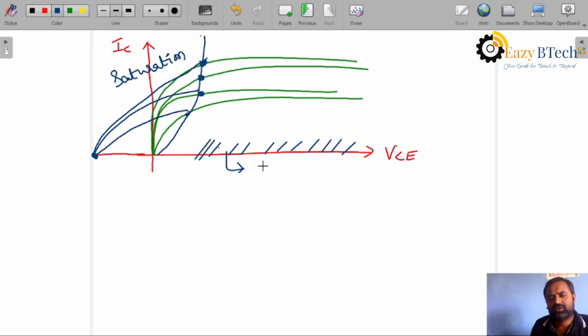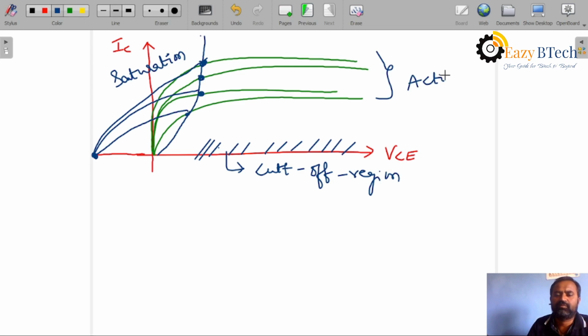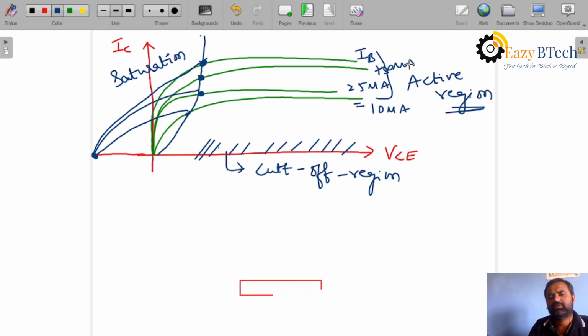This region is known as the cutoff region. This region is known as the active region. These are the various IB values, like IB at 10 microamperes, 25 microamperes, 75 microamperes, 100 microamperes. You can get this graph.